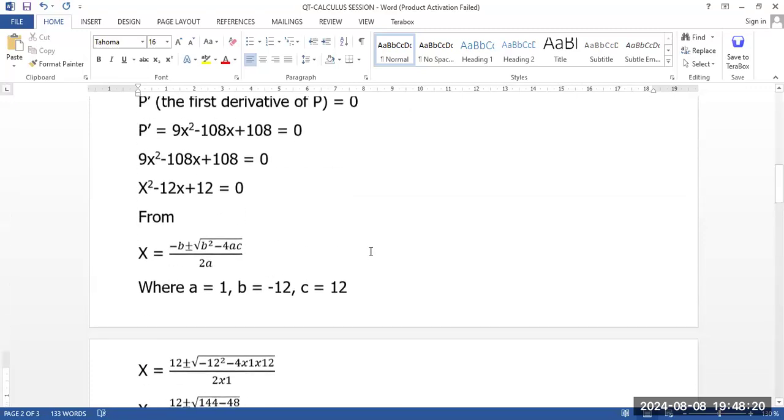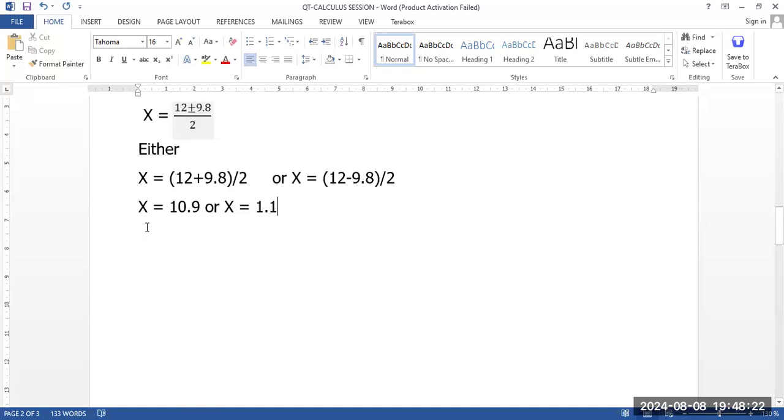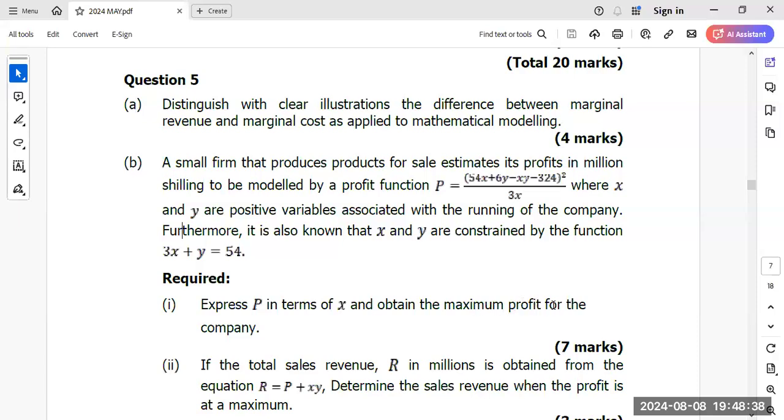So in a situation where you have two values which are positive, this cannot be your last point. Remember, the question is to obtain the maximum profit.